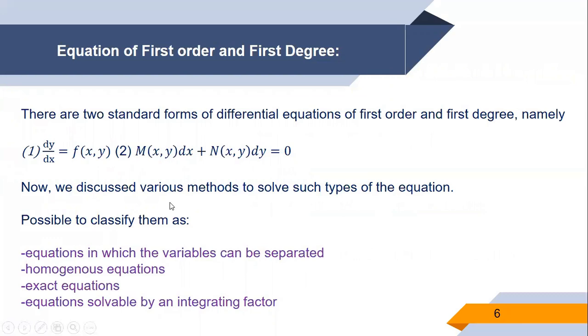Now we discuss equations of first order and first degree. There are two standard forms of a differential equation of first order and first degree, namely dy/dx is equal to f(x,y), and M dx plus N dy is equal to 0, where M and N are functions of x and y.